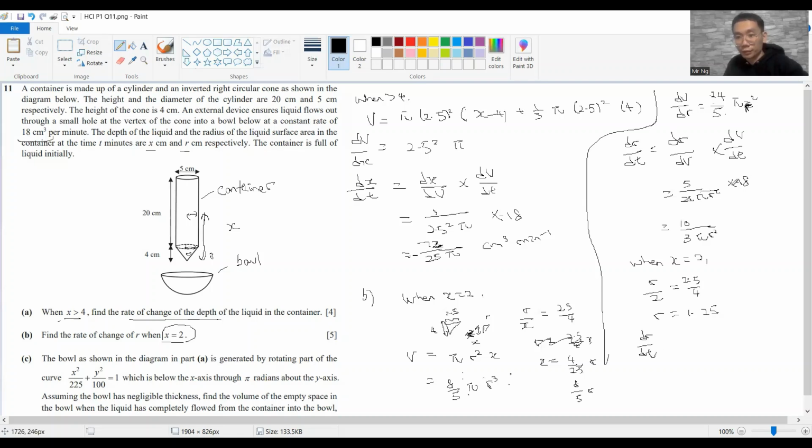Again this is negative. dr/dt equals to, that is equal to 10 divided by 3 divided by 5 divided by 1.